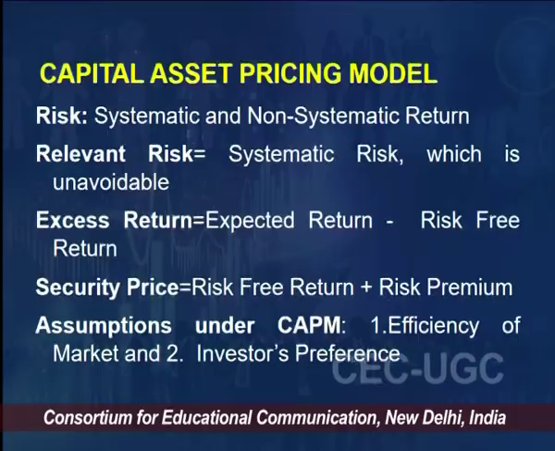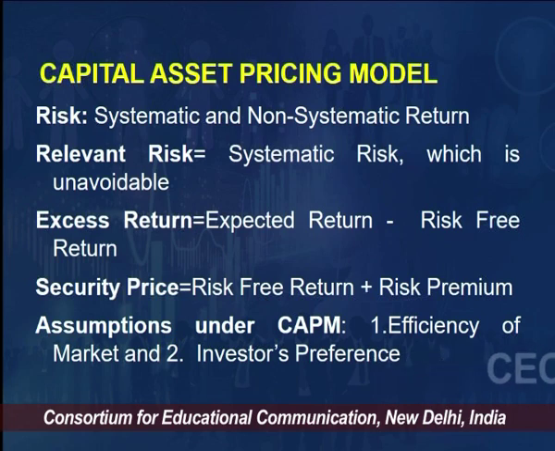For the purpose of calculating the cost of equity under the capital asset pricing model, the relevant risk is the systematic risk, which is unavoidable, right. The systematic risk is unavoidable, and the unsystematic or non-systematic risk is avoidable.